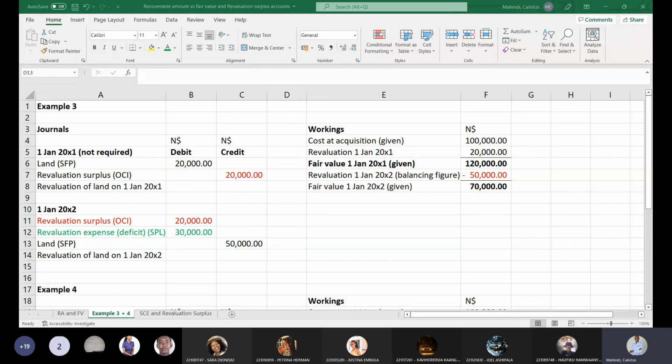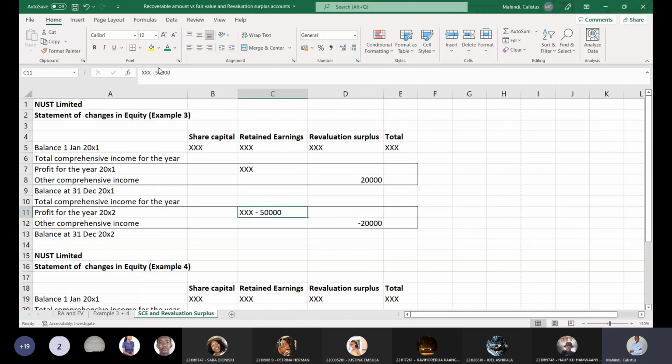So let us go back to the statement of changes in equity. In 20X2, what is going to happen is that we had a revaluation deficit, and the whole revaluation deficit was actually 50,000.